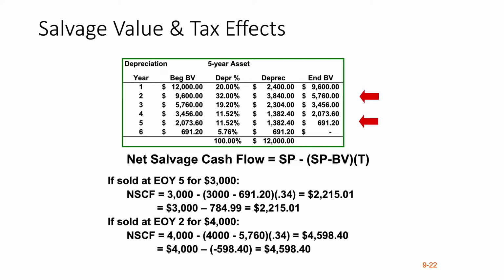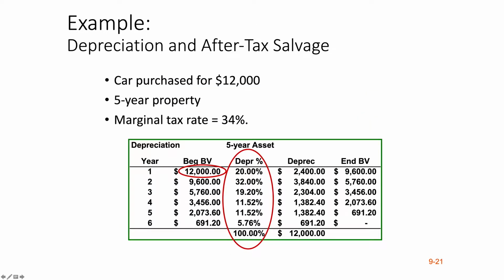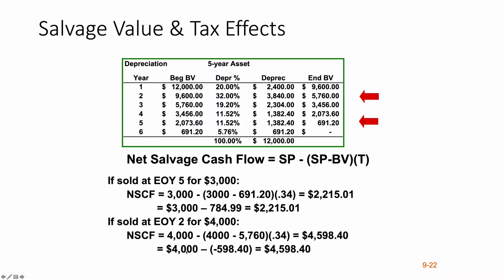So you have a negative number, negative 1,760 times 0.34. This is a capital loss, negative $598.40. It will be added to your selling price of $4,000 because you have a capital loss on your investment goods. The tax part here is negative.